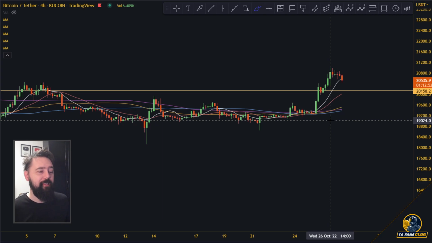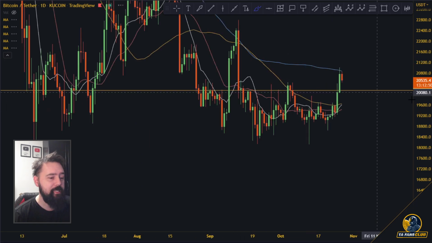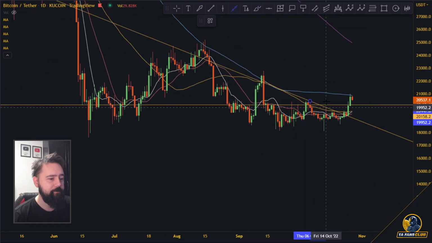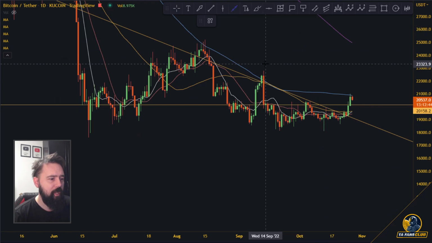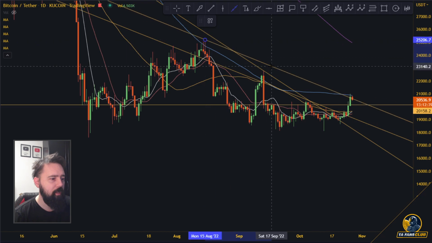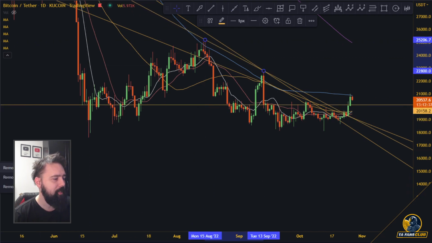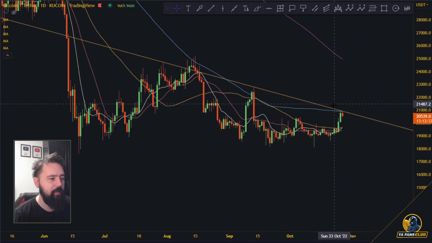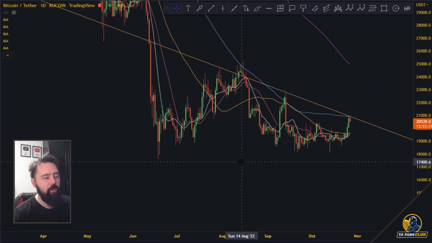And right now I think the trend has changed, and we've been seeing that lately. It doesn't matter how you draw the lines up here, all the lines are broken. I mean, there might be some kind of line up here, but you have to be really creative with the lines, like something like this over here, to say that okay, there is a line up here.